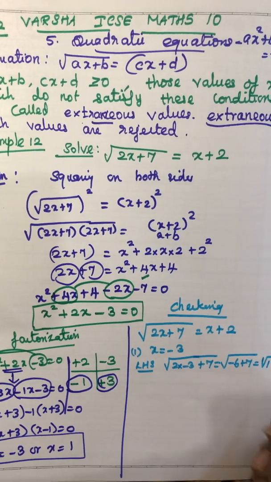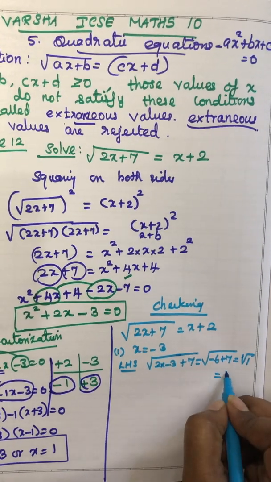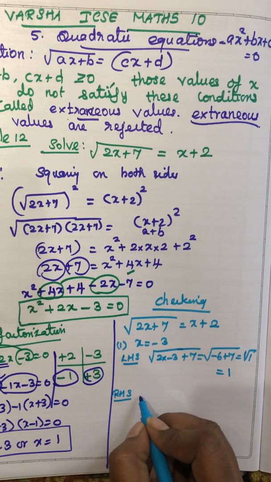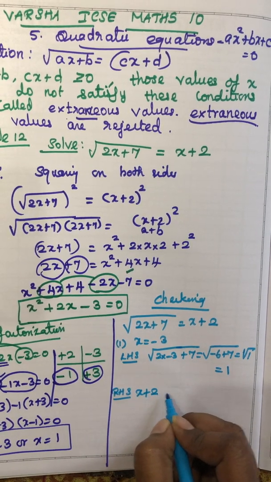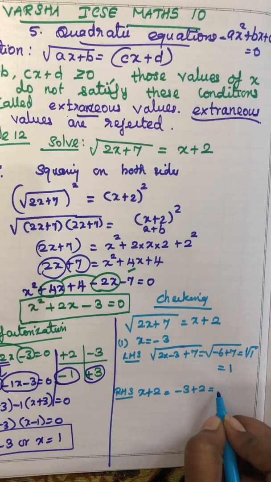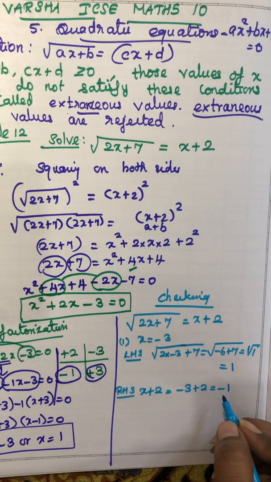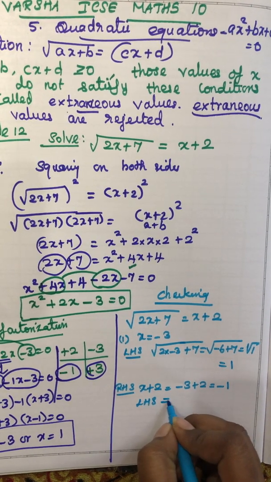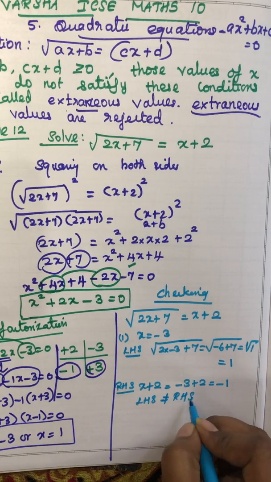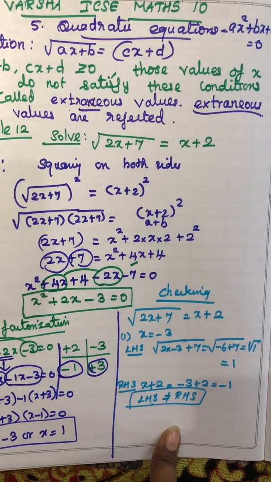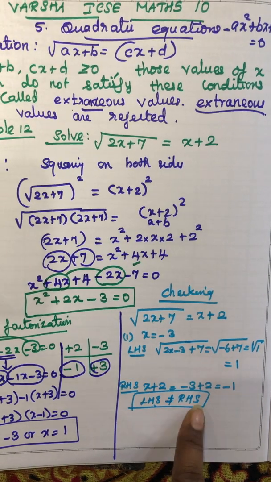So our answer is 1. Now take RHS, that is x plus 2. So this is minus 3 plus 2, but you get minus 1. So for minus 3, LHS and RHS are not equal. So this value minus 3 is rejected. Okay, so it is a rejected value.